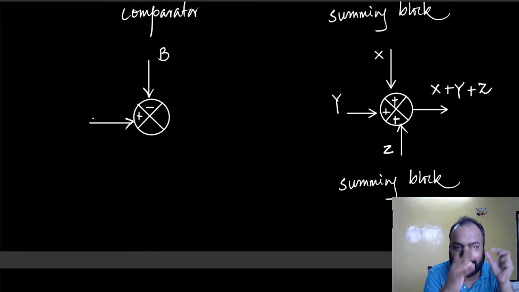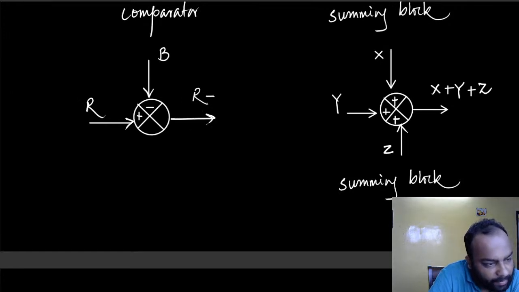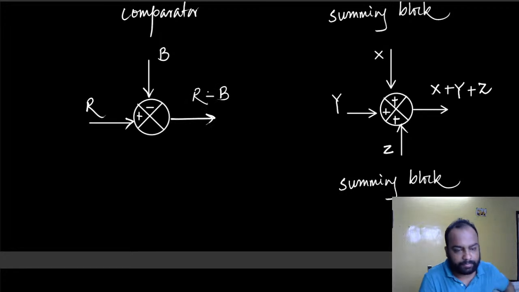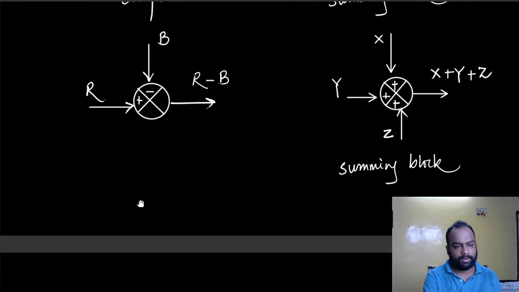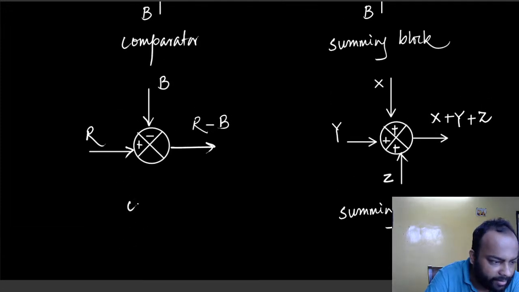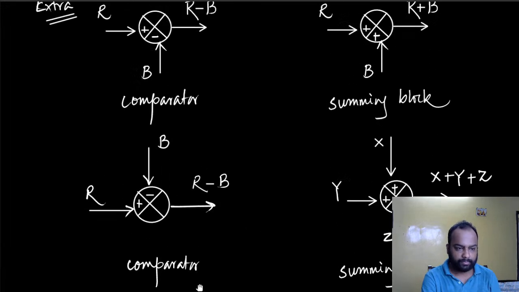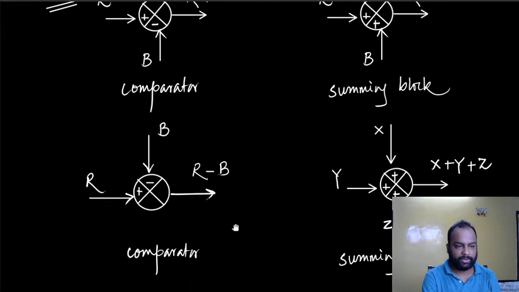So what we are doing is an abstract description of the system, right? So this is again the same thing, R minus B. So again, if you have any difficulty, feel free to ask. This is again another comparator. Right. I think these things are understood, right?